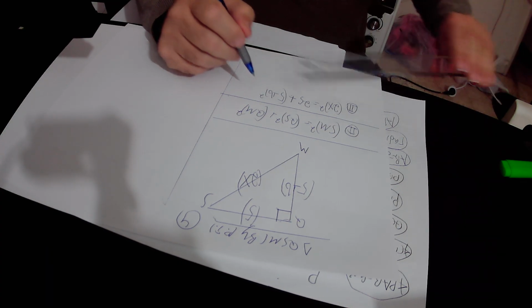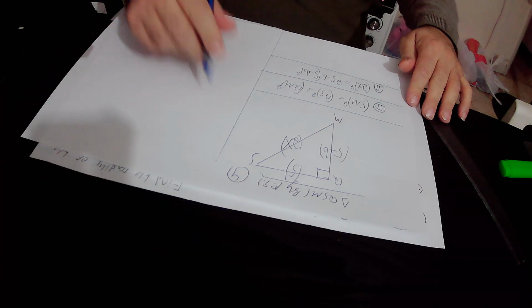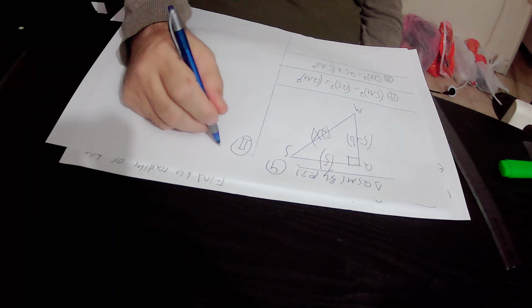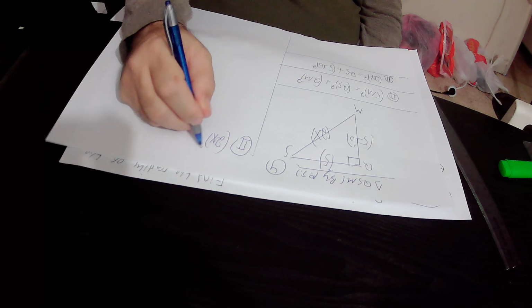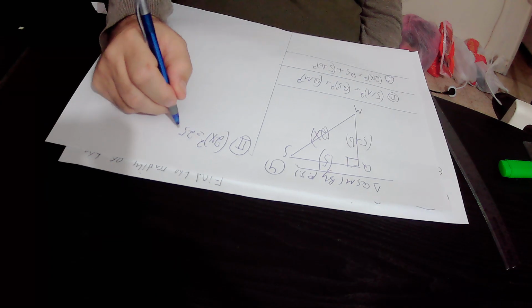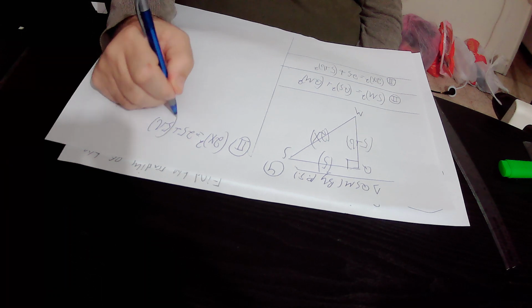In conclusion, we found out that according to equation number 2, 2x squared equals 25 plus 5 plus B squared.